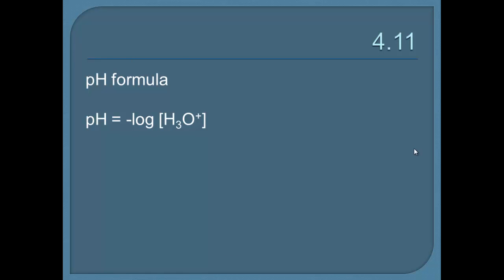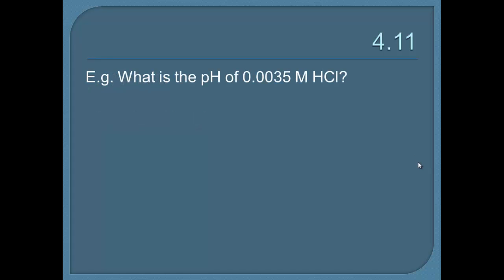So first of all, let's look at the pH formula. The pH formula is negative log H3O plus. And all we have to do is, if we are given H3O plus concentration, we plug that into our formula. So here's an example. We're asked, what is the pH of 0.0035 molar HCl?